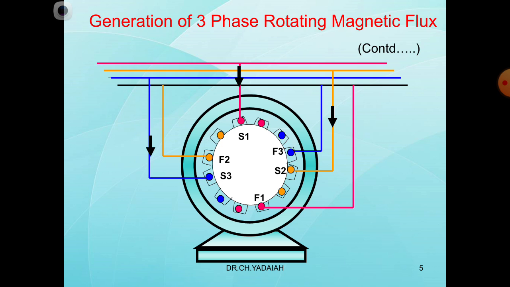Now let us assume the R phase, Y phase and B phase currents are being drawn, and due to the inductive property, these currents lag their phase voltages.